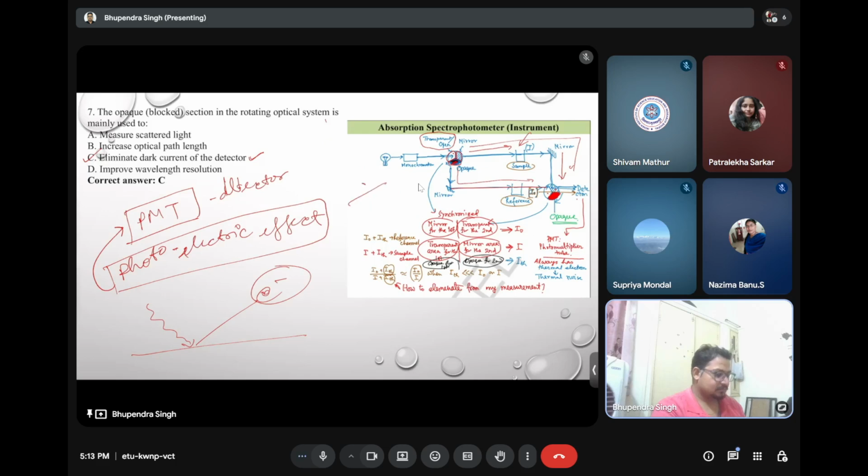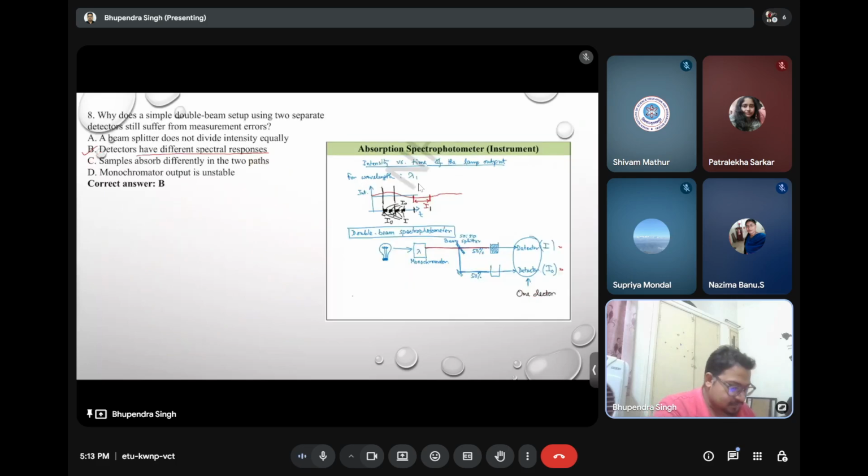Here only one detector is there, but the disk is there. It is not changing.